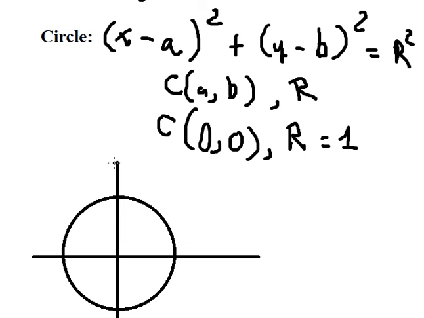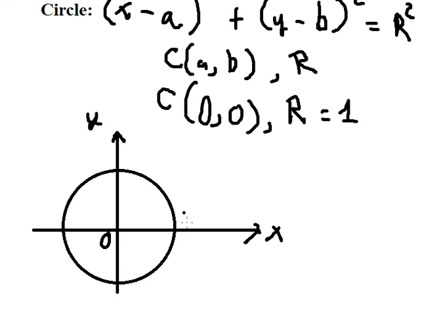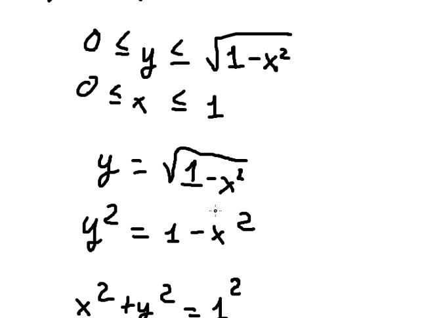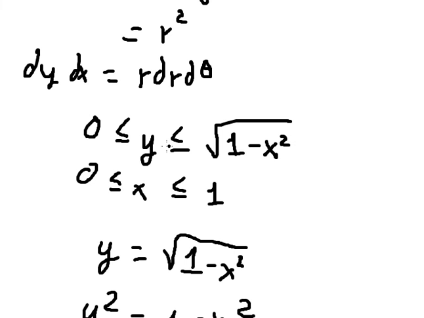So we have y and x. So the numbers are about 1, 1, negative number 1, negative number 1. Now if we look on this one, we have y is smaller than or equal to the positive square root and greater than or equal to number 0.